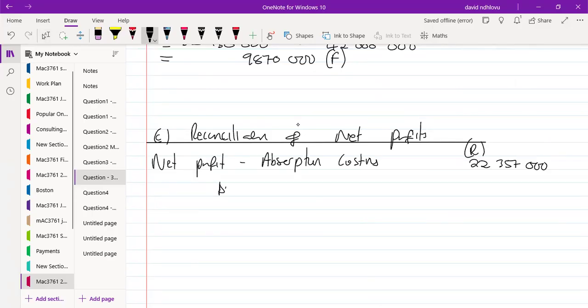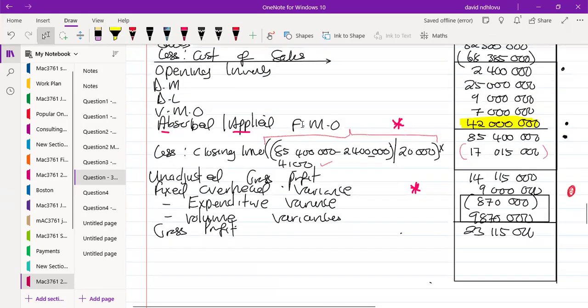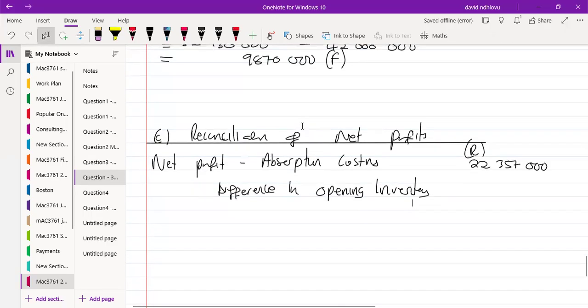So we are going to say differences in opening inventory. The opening inventory based on absorption costing is always more. It includes the fixed cost, which is 2.4 there.